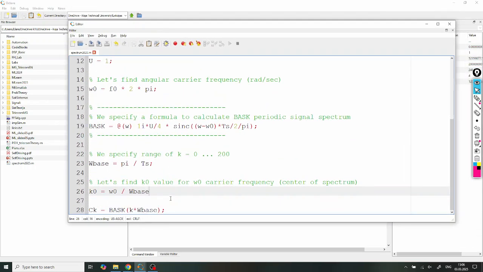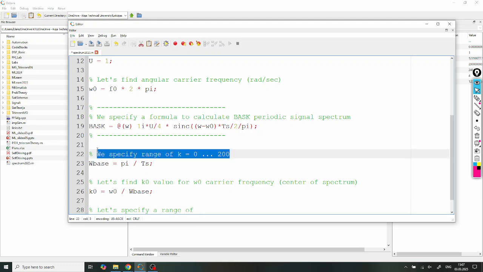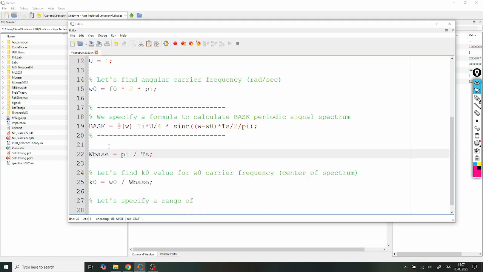So, with that in mind, now I can say, let's specify a range of, okay, so this goes away because that range didn't work. K0 minus 10 all the way up to K0 plus 10.